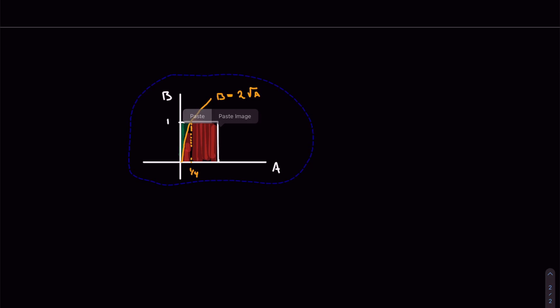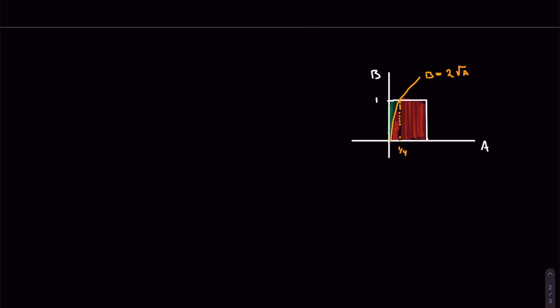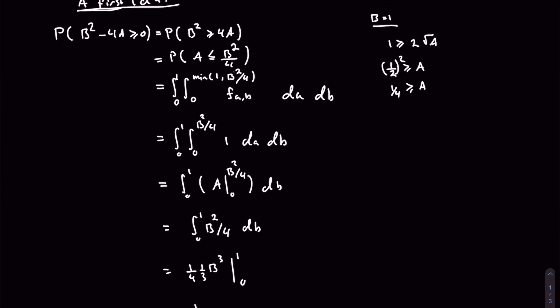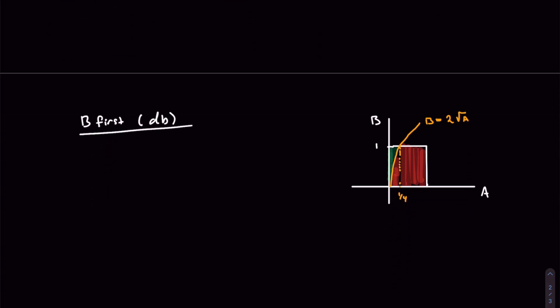Copy, paste, put it here, and then we're going to integrate B first, right? And then this means basically we have to start with dB first. All right. We start in the exact same point. We take this, copy this, like that.